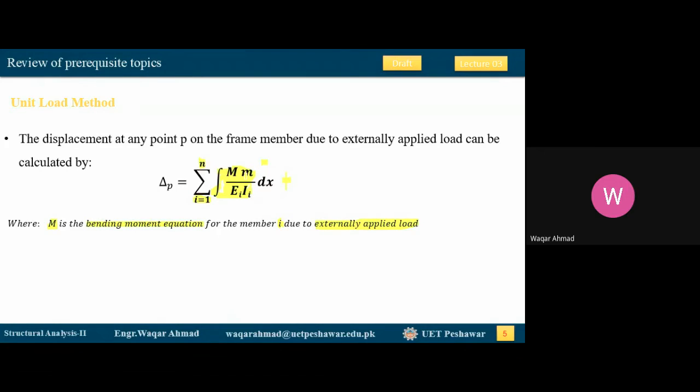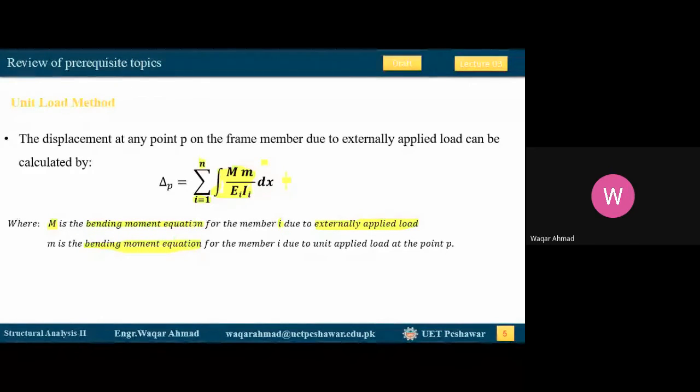Now, what is the small m? The small m is the same bending moment equation, but the difference is in the load. In the previous case, we applied the given external load on the member. In this case, for the small m, we will apply a unit load.